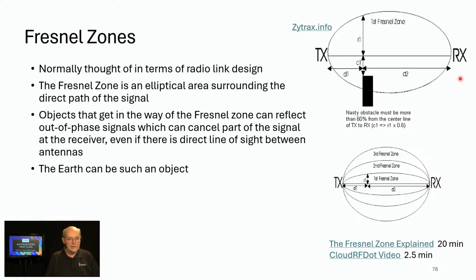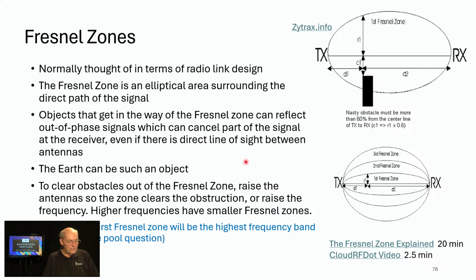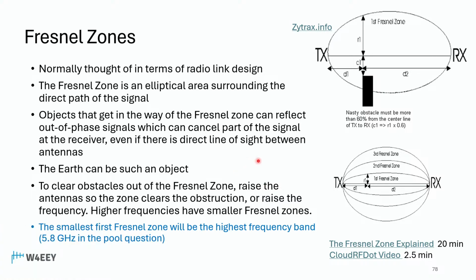And there's some fairly advanced software that will let you calculate all of this. Now the Earth, believe it or not, can be an object that infringes on the Fresnel zone. And we have to be able to clear the obstacles out of the Fresnel zone to prevent this destructive interference or loss of signal strength on the receive side.